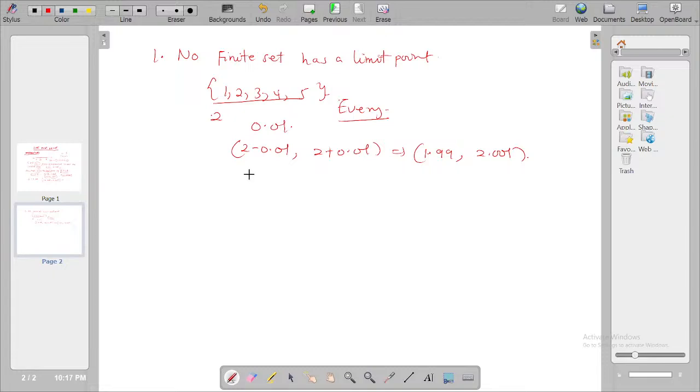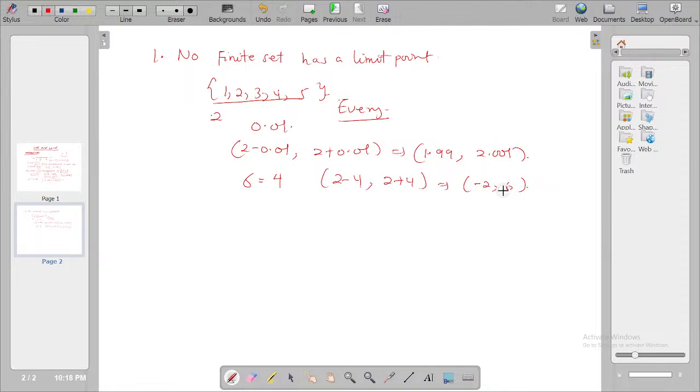Then we can choose another, bigger delta, like a delta of 4. For delta 4, we have the open interval 2 minus 4, comma, 2 plus 4, which gives us negative 2, comma, 6.